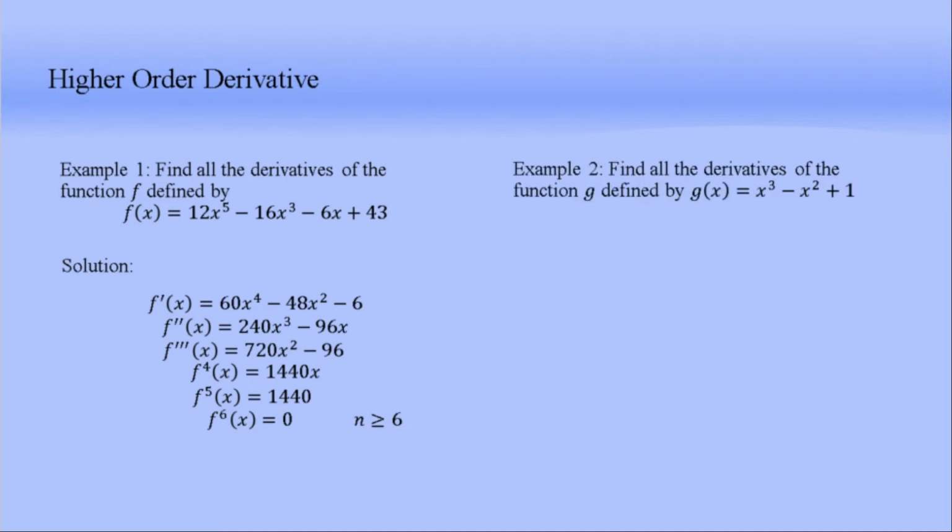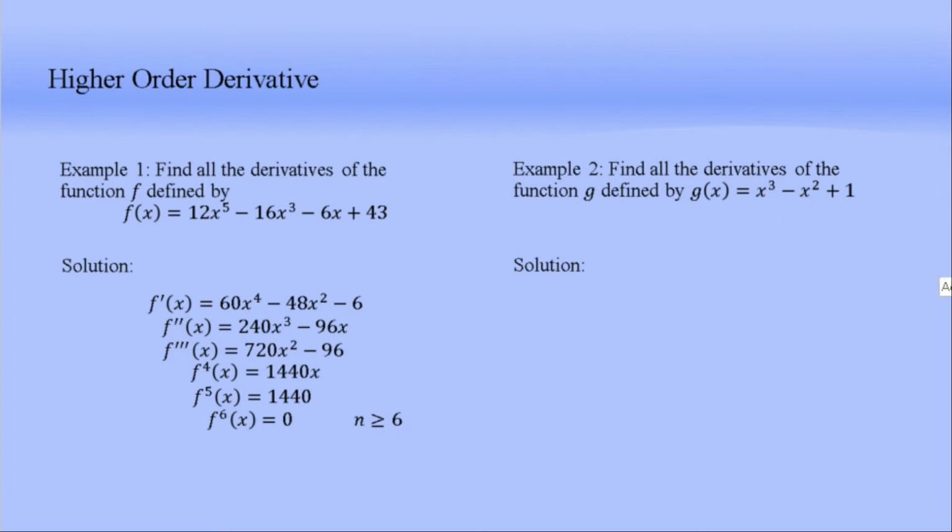Another example is g of x is equal to x cubed minus x squared plus 1. We will be applying the sum rule, the power rule for positive integers, and the constant rule.